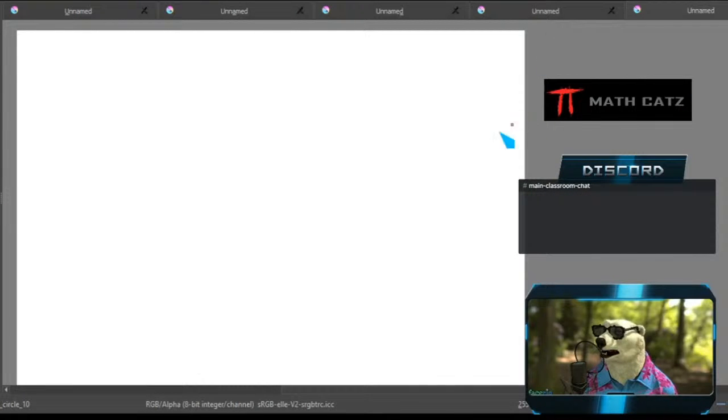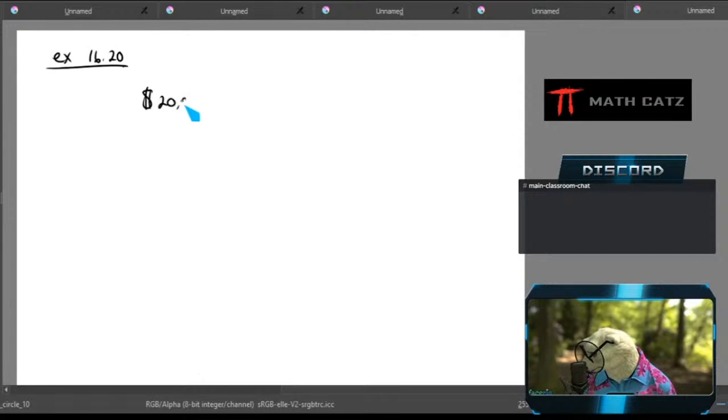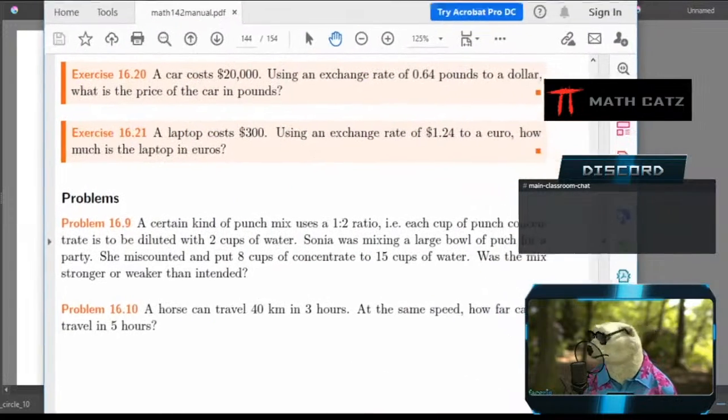Whether you're a car dealer or you are traveling and looking for the best place to buy the car, whatever it is, exchange rate issues come up very frequently. So I have a $20,000 car, and that is going to correspond to, I just go with whatever the question says, right?